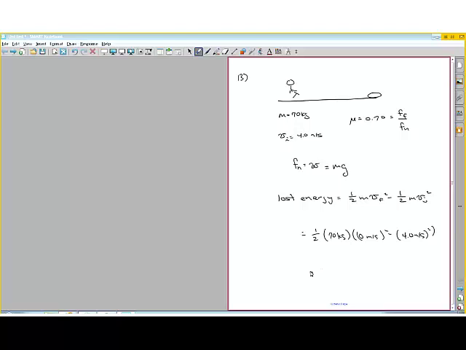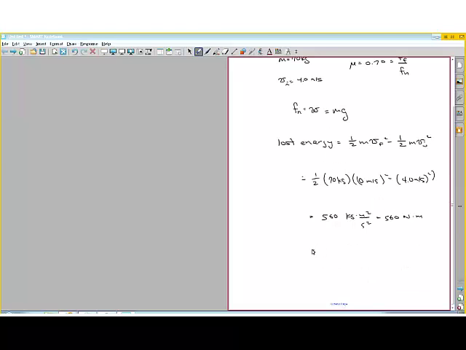Okay, so we're going to have 0.5 times 70 times 4 squared, which is 16. So we get 560 kilograms meters squared per second squared. And a kilogram meter per second squared is a newton, so that's 560 newton meters. And a newton meter is a joule, so we have 560, and it's actually negative, but they asked for how much is lost, so it's really positive, if you want to be exactly correct.